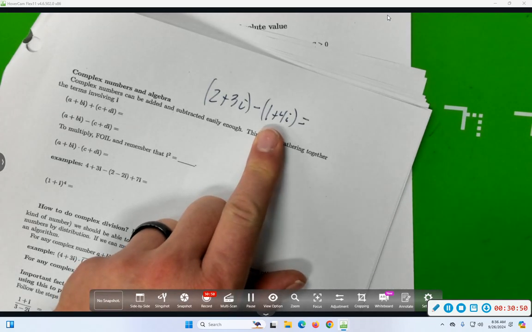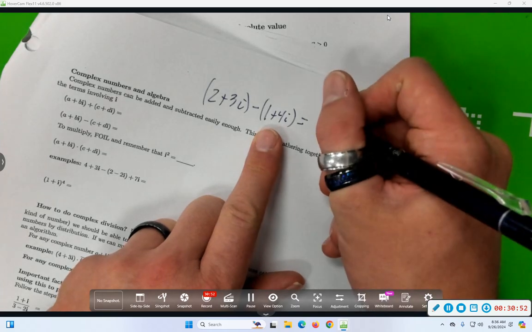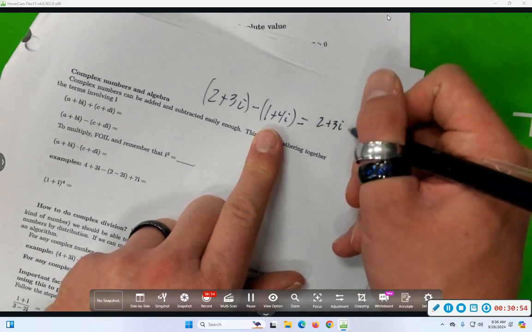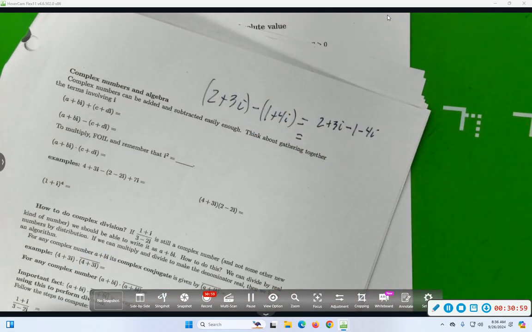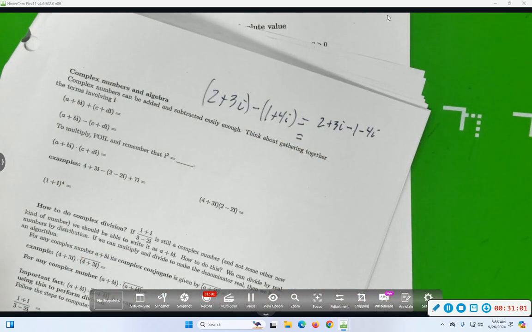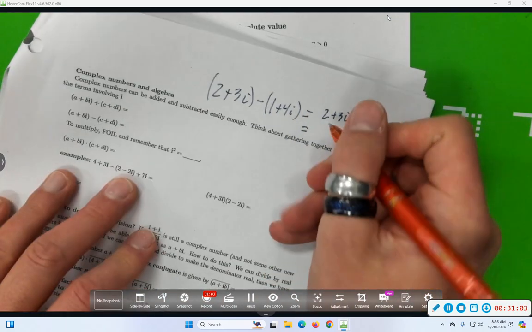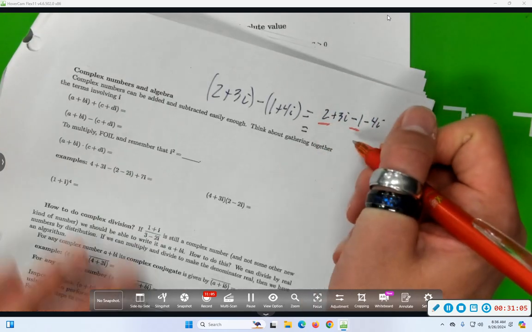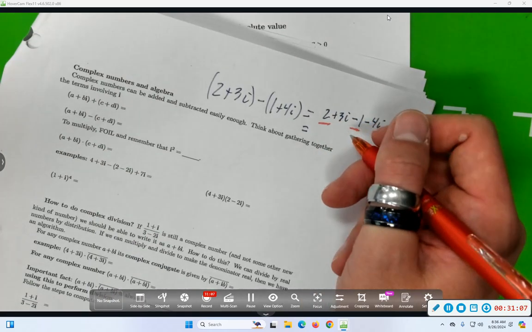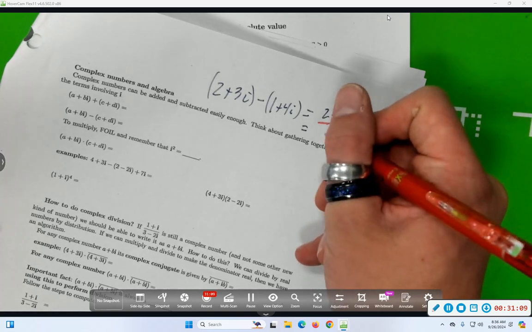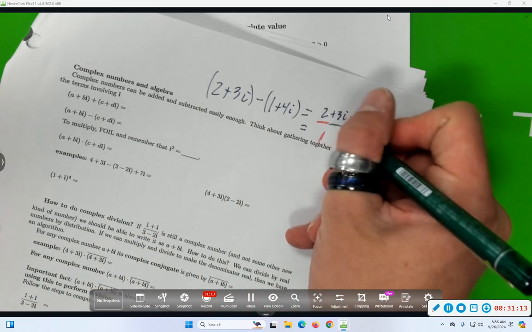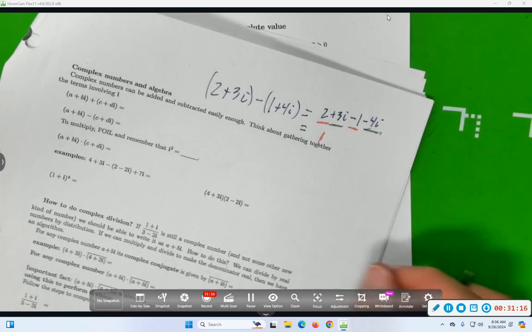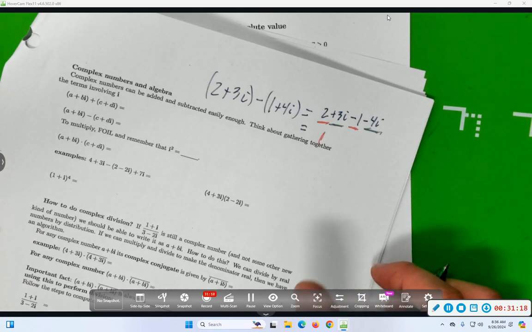So that should be the same as 2 plus 3i minus 1 minus 4i. And now gather the common terms together. What's 2 minus 1? 1. If I have 3 i's and I take away 4 i's, how many i's am I left with? 1, but it's negative.